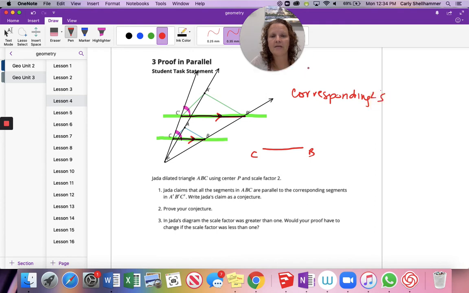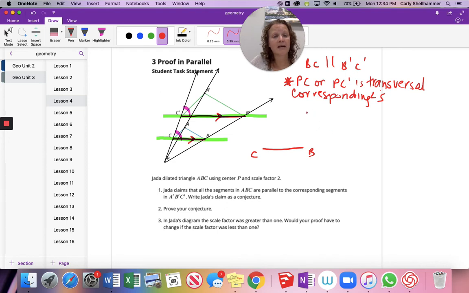We have BC is parallel to B prime C prime, and then we could call PC, or PC prime, the transversal.